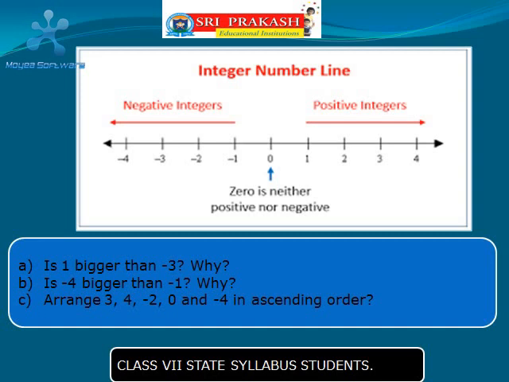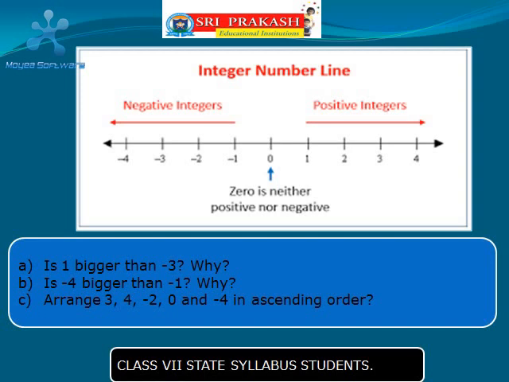As the numbers move from left to right, they go on increasing. So here minus 4 is smaller than minus 1.